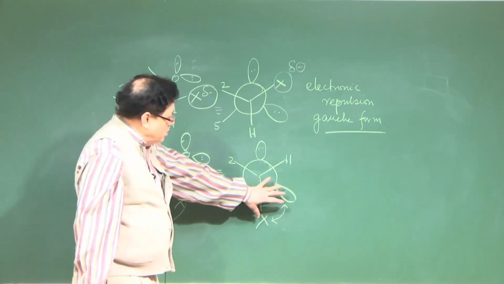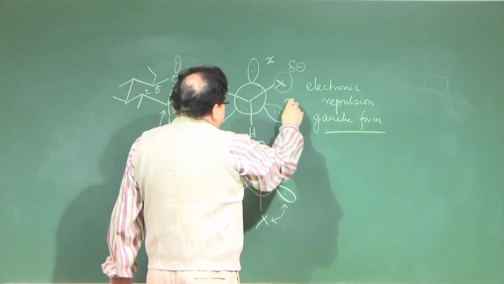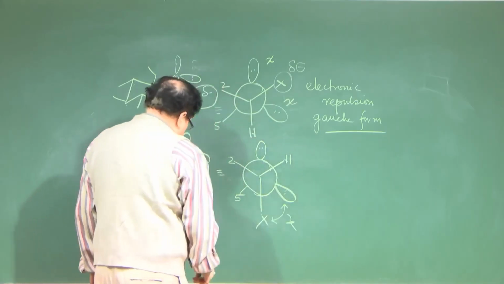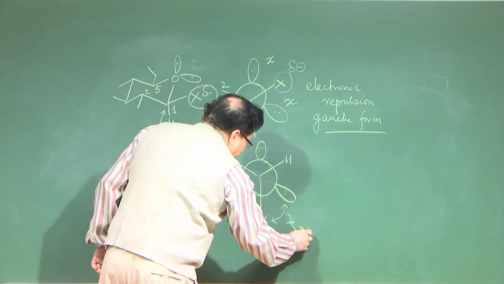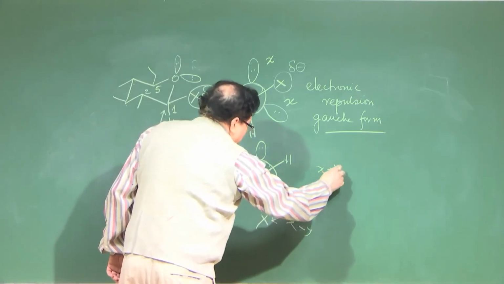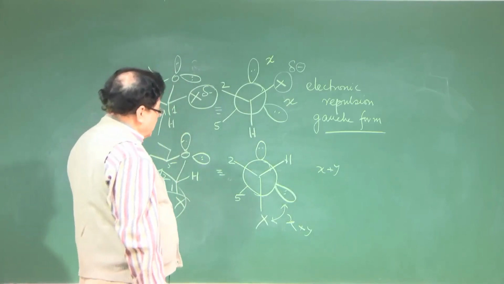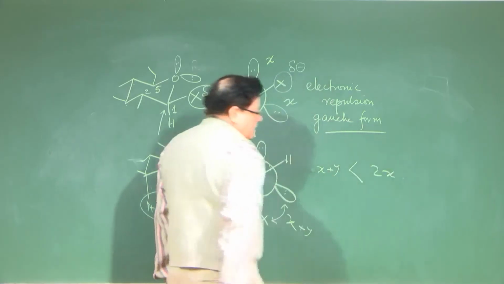This is much more. So, what I am saying is that if it is x kilocalorie per mole, and this is x, and the extra thing that it has is this one, suppose that is y, but we can say that x plus y, the stabilization, is less than 2x. Okay.